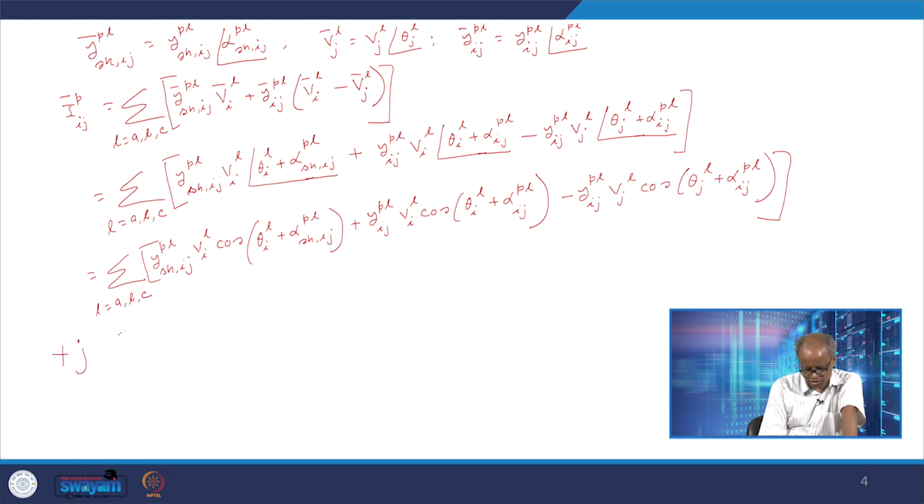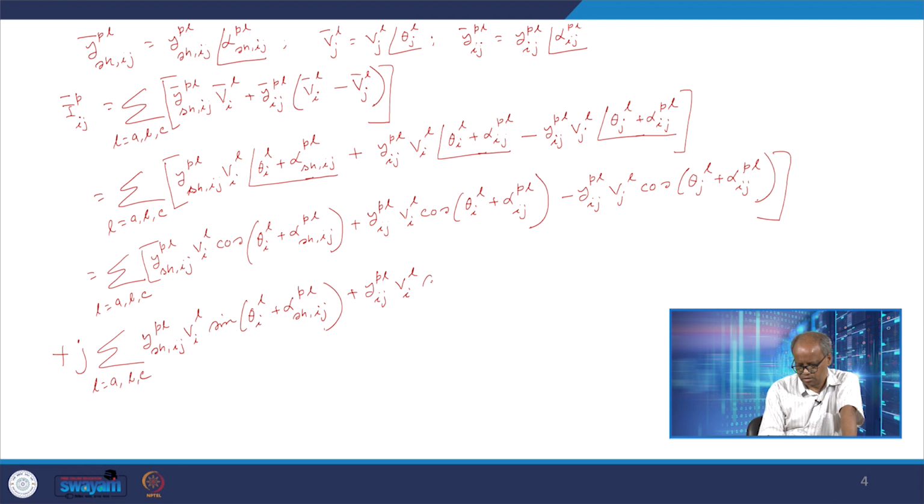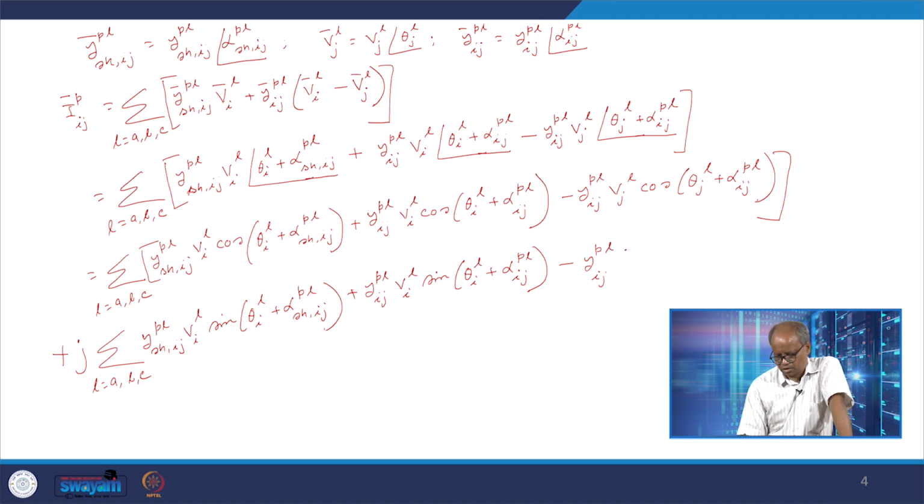So this j is the imaginary part: j times the sum over L equal to A, B, C of Y shunt IJPL VIL sine of theta IL plus alpha shunt IJPL, plus YIJPL VIL sine of theta IL plus alpha IJPL, minus YIJPL VJL sine of theta JL plus alpha IJPL.